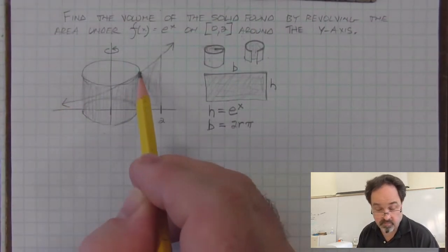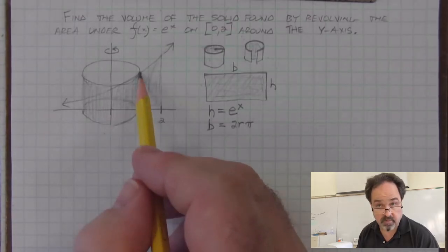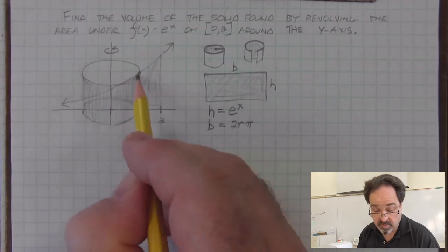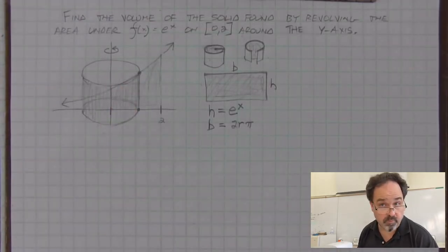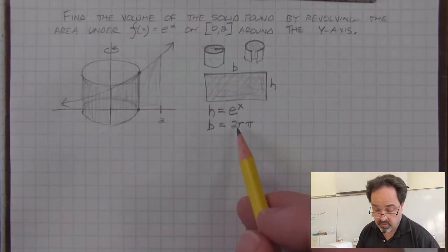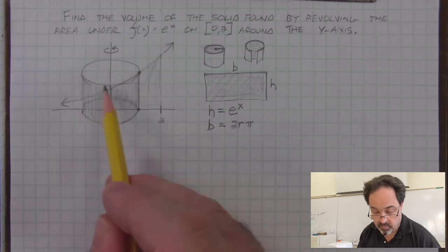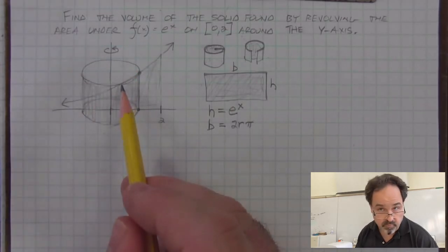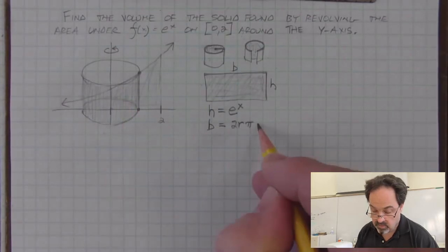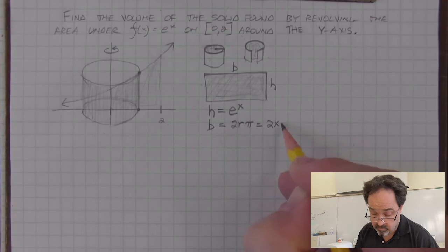This point has coordinates x, e to the x. X is then the radius of the circles that are formed. And if x is the radius of the circle, then the base of the rectangle, the circumference of the circle that forms a shell, is equal to 2 times that radius x times pi.